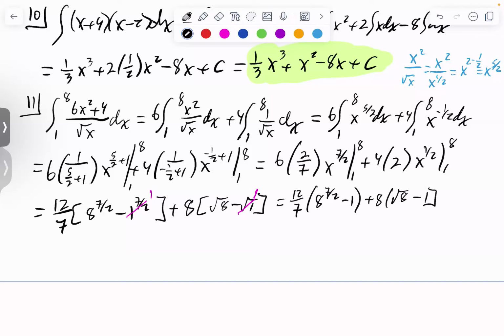That is very, very, very messy. But I'm just going to leave that there. We can clean that up a little bit more. Remember, root 8, we can pull some 2's out and stuff, but this is fine.